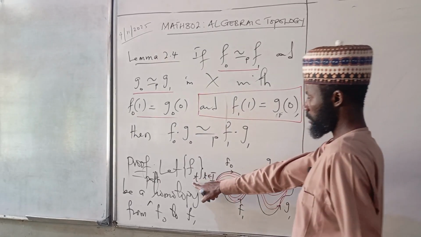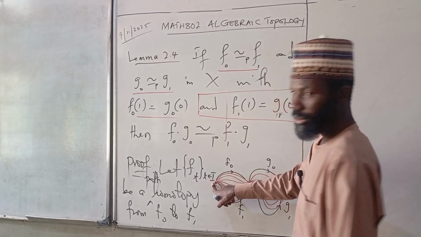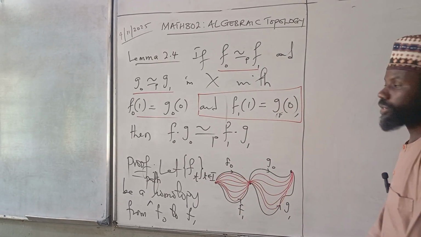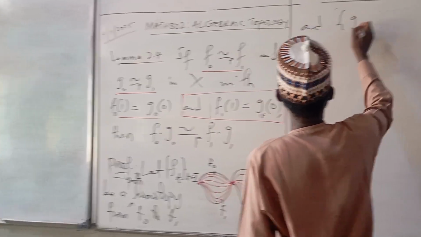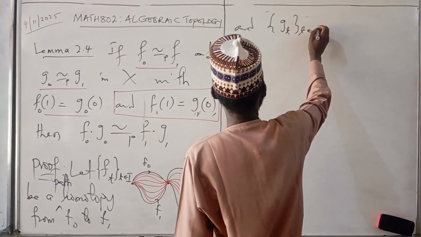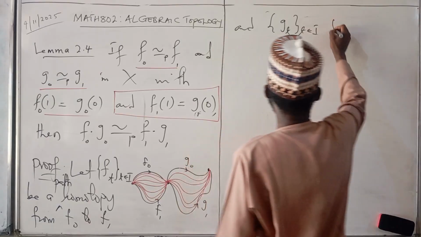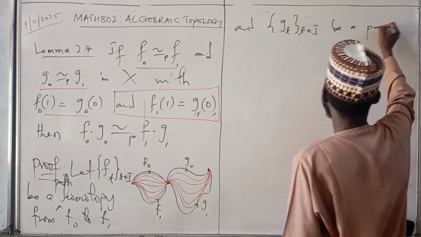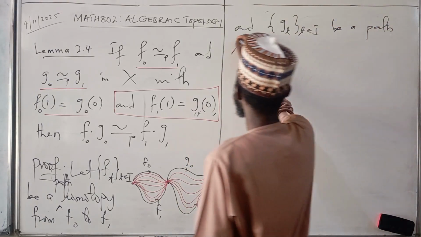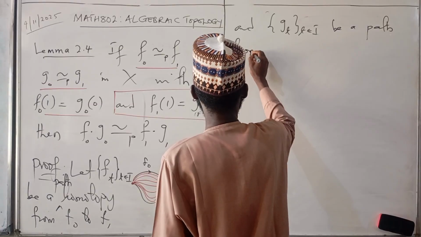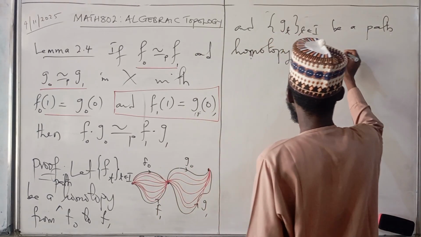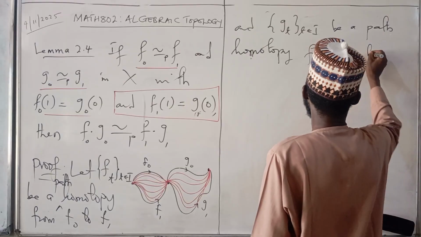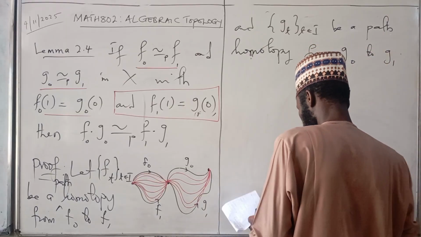The index set is always where t is ranging, which is I, the interval [0,1]. And g_t, t in I, be a path homotopy also from g_0 to g_1. Okay?